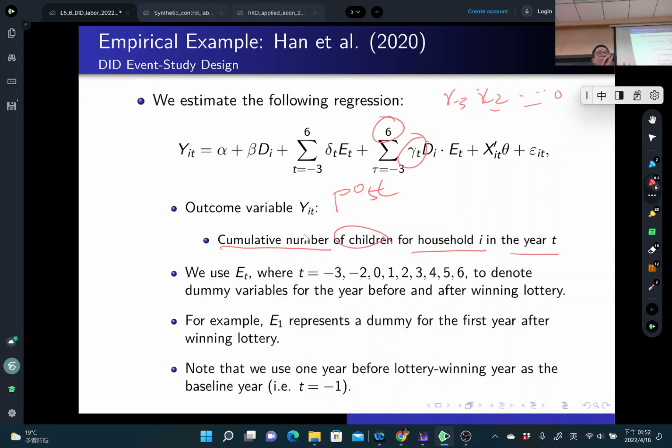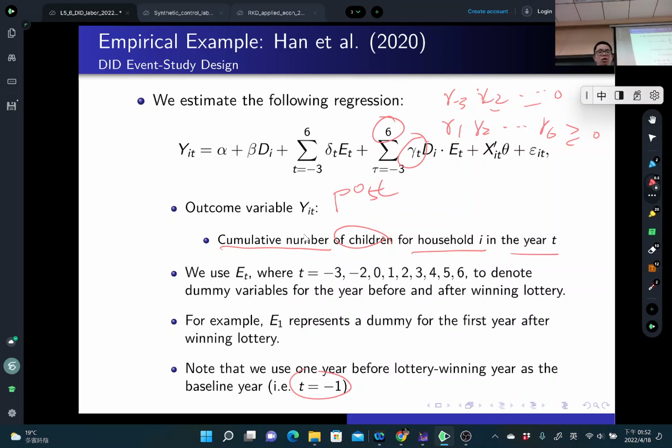Because if they have a common trend, the difference in outcome between treatment group and control group for the years before treatment happened should be very similar to the baseline year, so not significantly different. And you will also expect gamma 1, gamma 2 to gamma 6 to be bigger or smaller than 0, significantly different from 0, if receiving the big lottery prize has an impact on fertility.